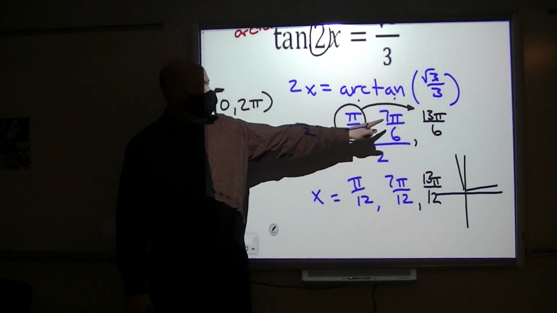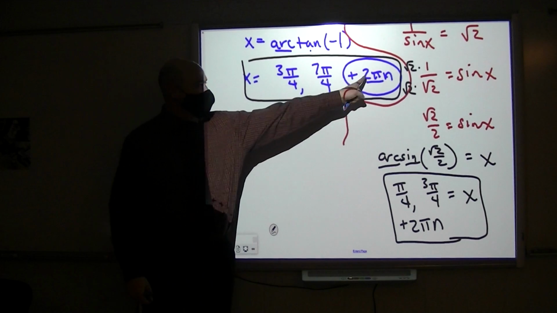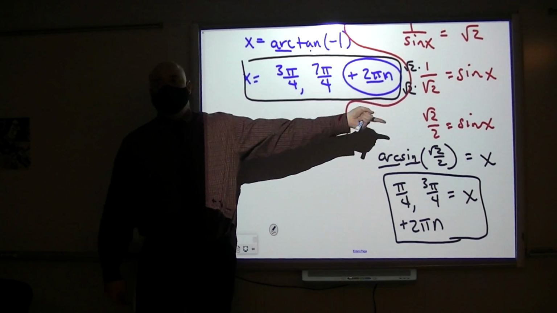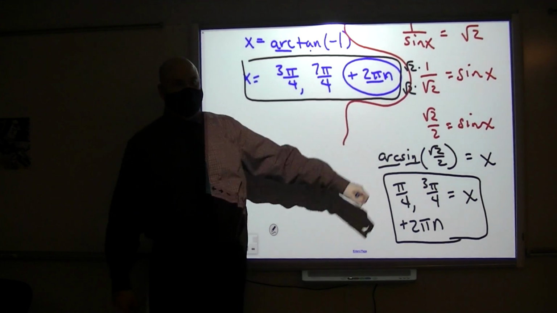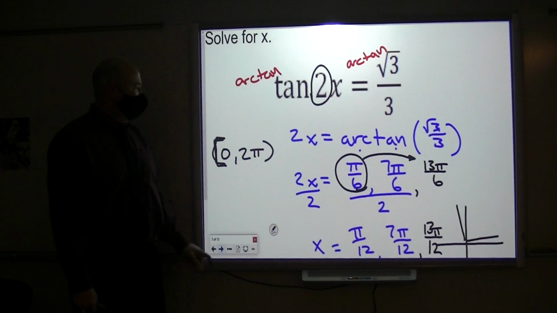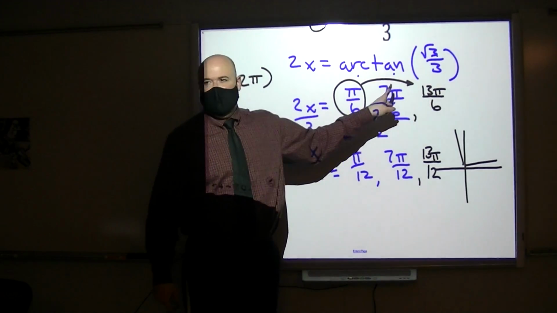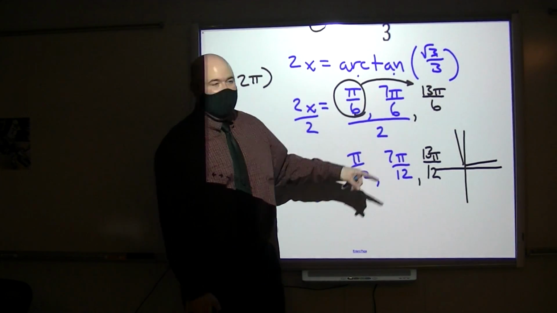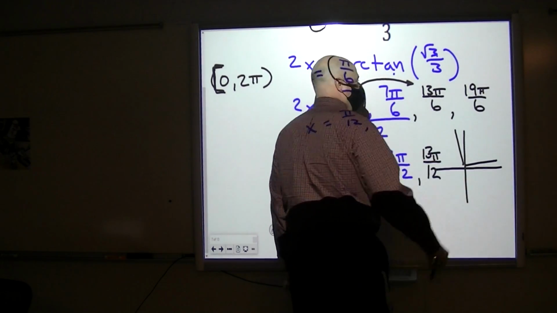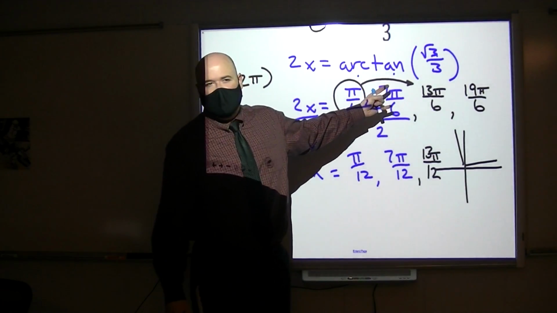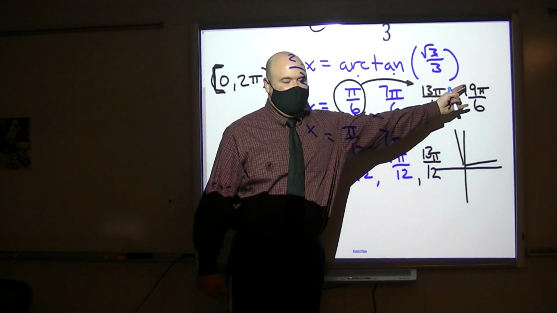So I'm adding the 2 pi, like we're doing here, as a part of my solution set rather than just making it generic like this. I'm going to add 2 pi to this value as well and get 19 pi over 6, because 7 pi over 6 plus 12 pi over 6 is 19 pi over 6.